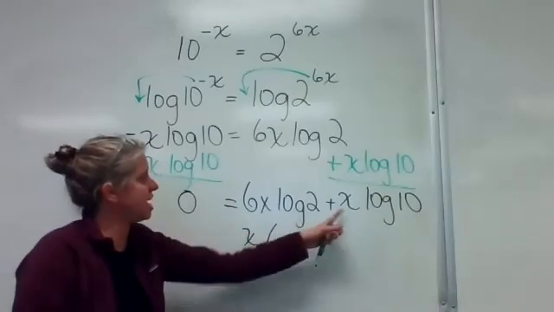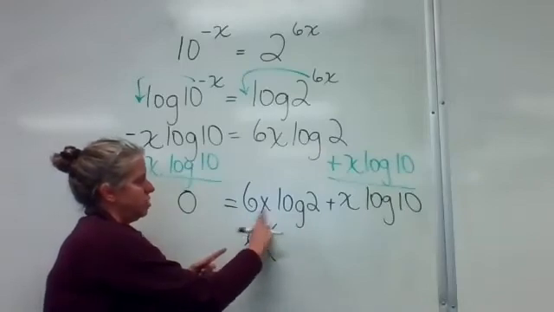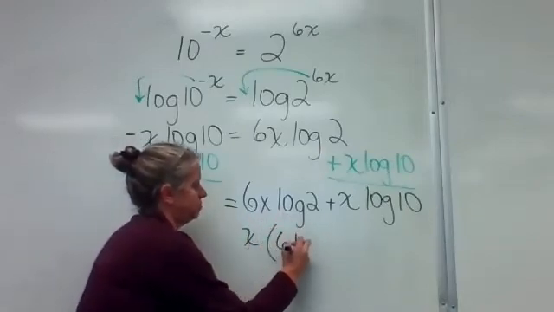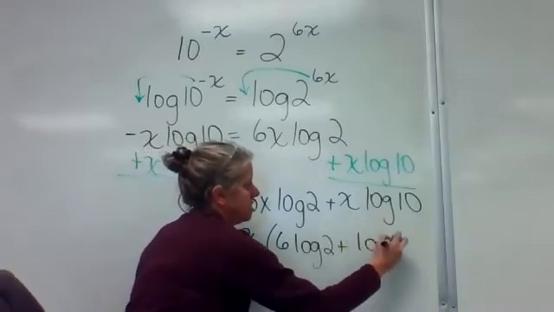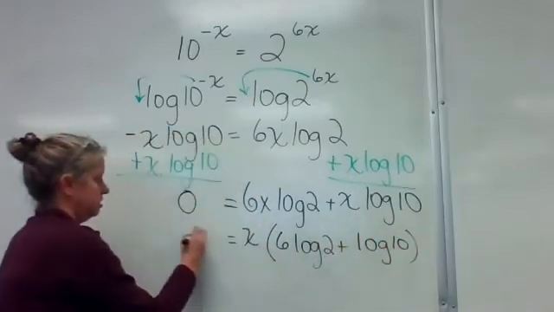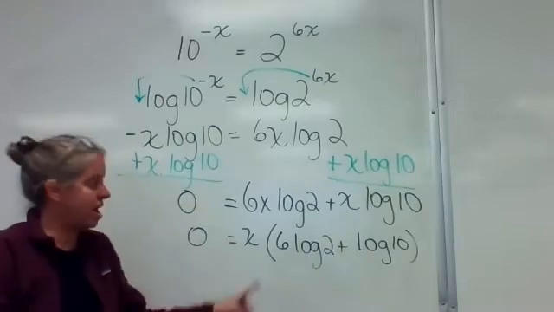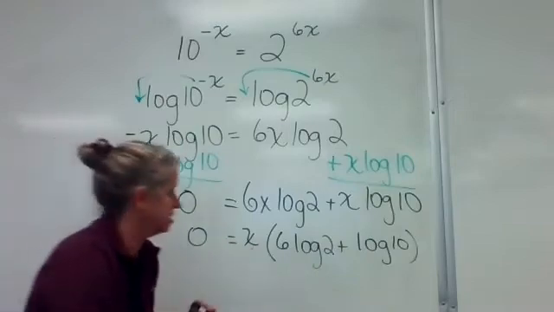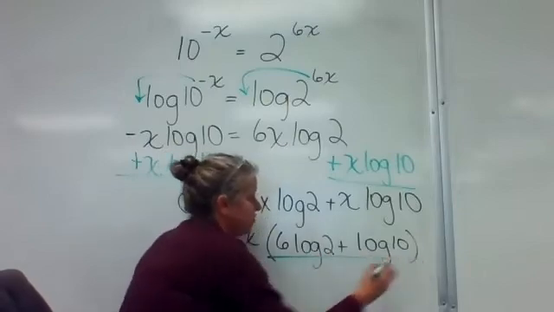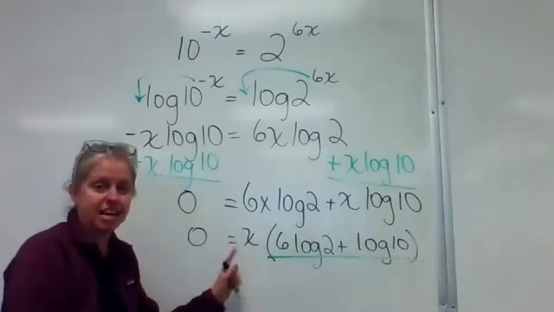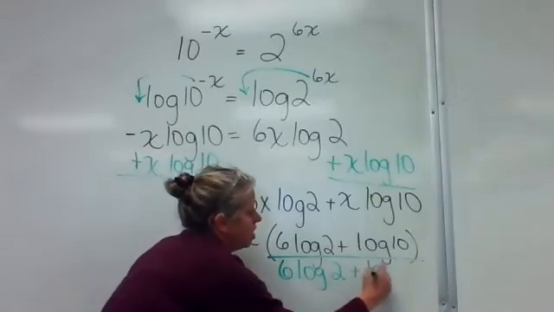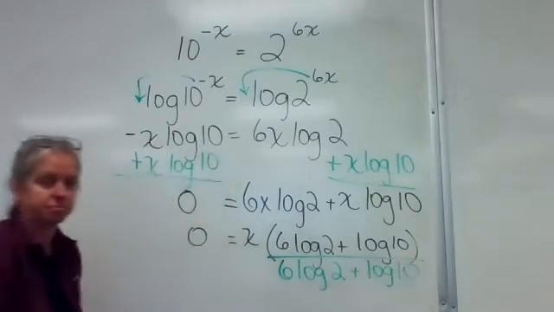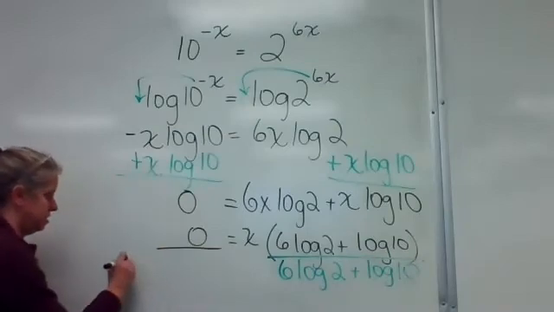So if I pull the x out of each of these terms, this one will just have 6 log 2 plus this one will just be log 10. So now you just have this x. So I want to divide by this to get this x by itself. So 6 log 2 plus log 10, both sides.